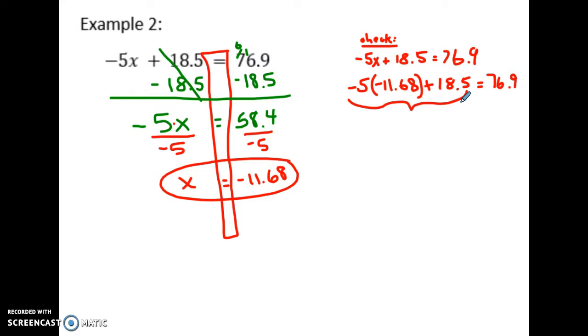I'm going to put it all in. -5 times -11.68 plus 18.5. So as long as I didn't do anything wrong, I do get 76.9. And that's a balanced equation, so that means I know that we did all of our work correctly. That is the correct solution for example 2.